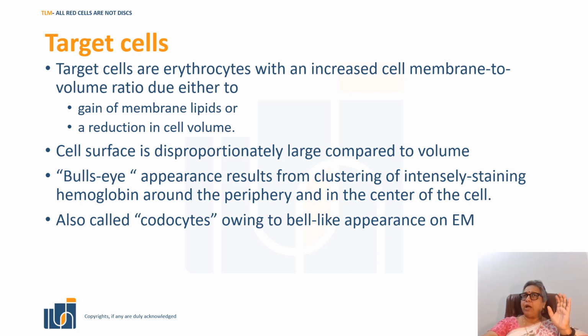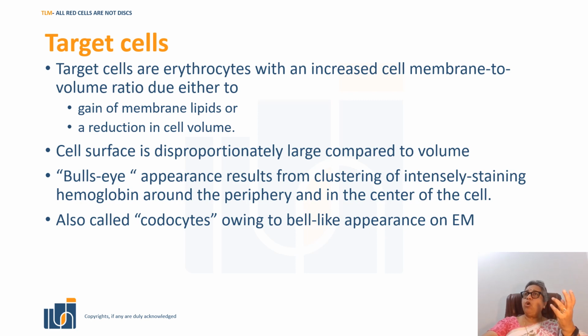Why is it called a target cell? Because it looks exactly like the target, the bullseye. It results from clustering of intensely staining hemoglobin around the periphery. Then there is a non-pale staining area, and again there is a dark staining area in the center, similar to how a target or a bullseye looks.